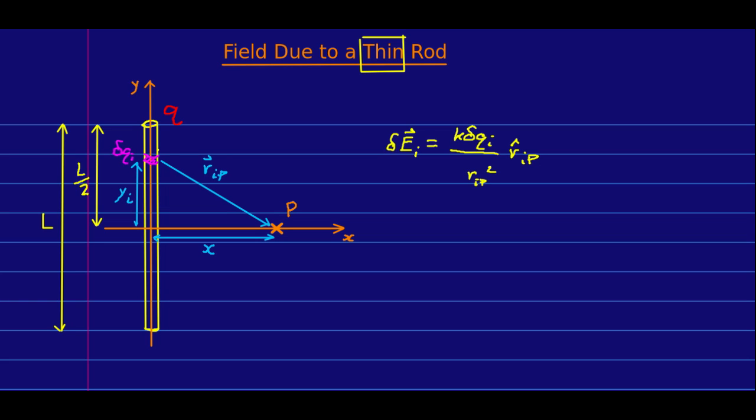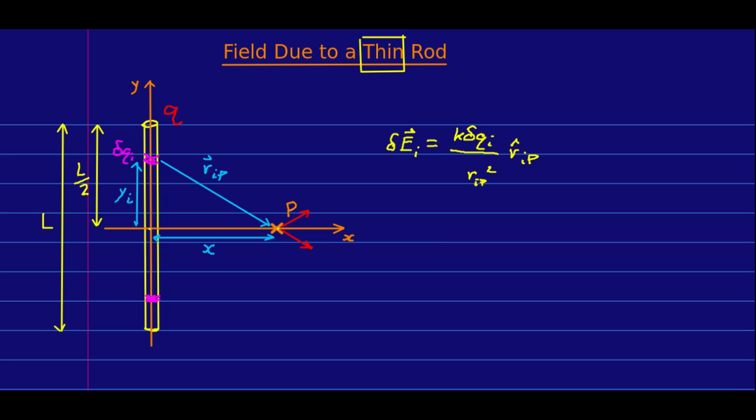Now the next thing to notice is that we have a fair bit of symmetry because we're looking at a point that is perpendicular out from the very middle of the rod. And in particular, what that means is that if we think about this E field due to that ith piece, delta q_i, so there's that little chunk of E field, then note that there's always going to be another piece the same distance away over on the other side of the rod that's going to produce an E field like so.